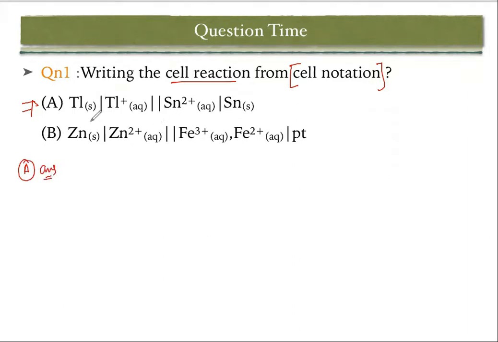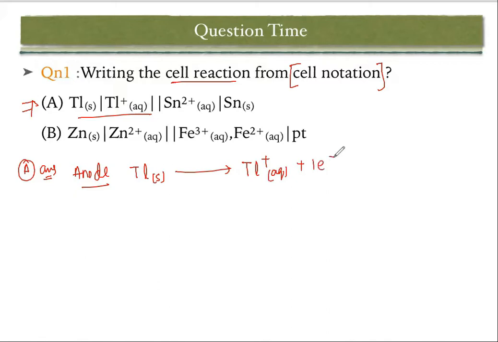Now, the anode is present on the left hand side, so we have to write the anode reaction. In the anode, Tl solid is going to convert to aqueous solution, so an oxidation reaction will happen. Tl is going to convert to Tl+ aqueous plus 1 electron.